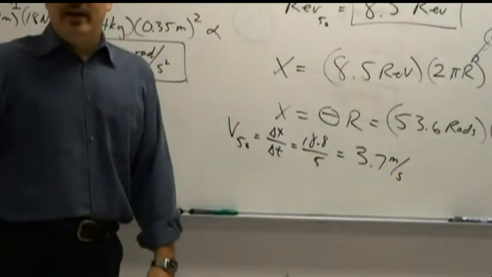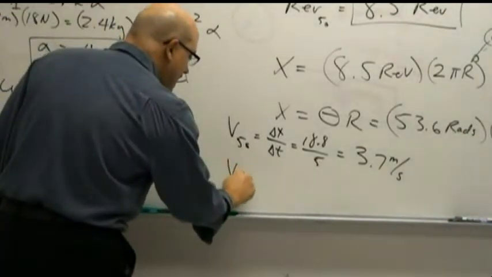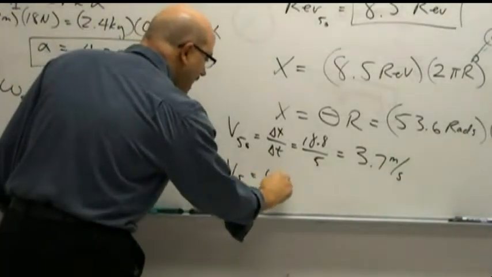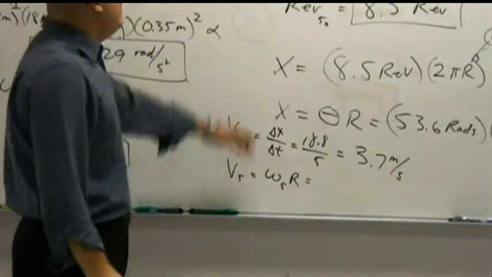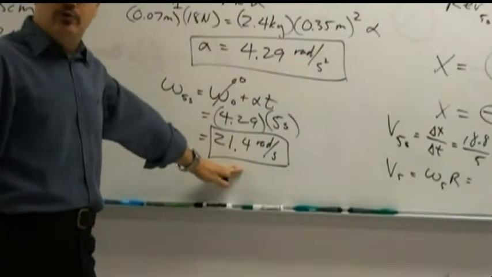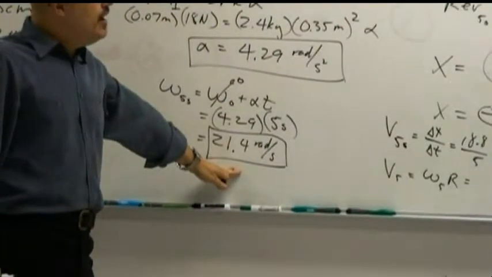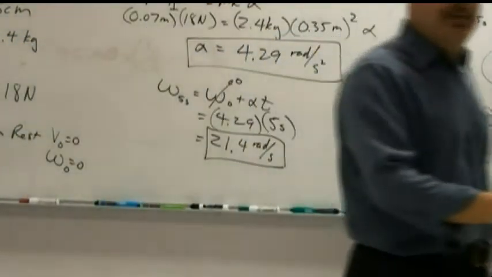Okay, but I've got another way to find that as well. Use the angular velocity. What's v at 5 seconds would equal omega at 5 seconds times r. And if you take this omega right here and multiply it by r, 21.4 times 0.35 meters, you should get the same answer of 3.7. You don't.